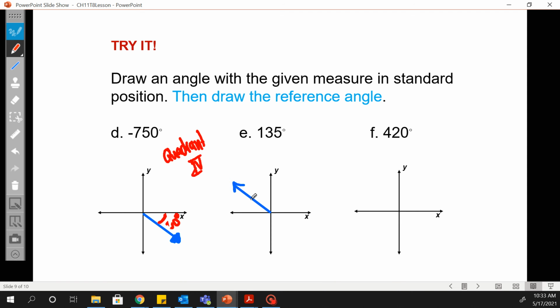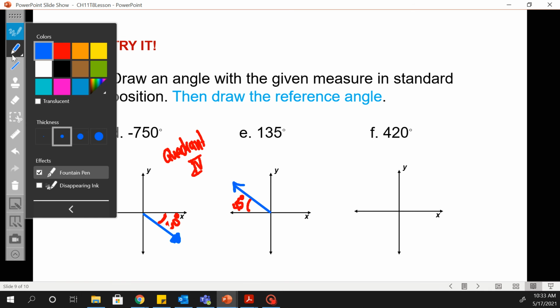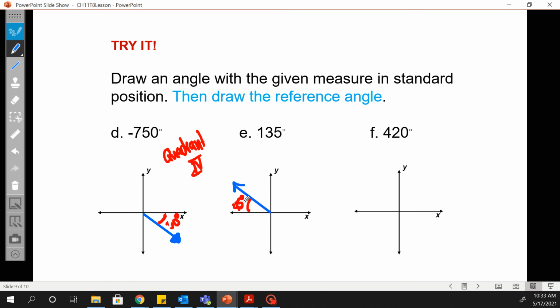From here to here, so from 135 to 180, would be 45 degrees. So the reference angle here is a 45-degree angle. It's in quadrant 2.